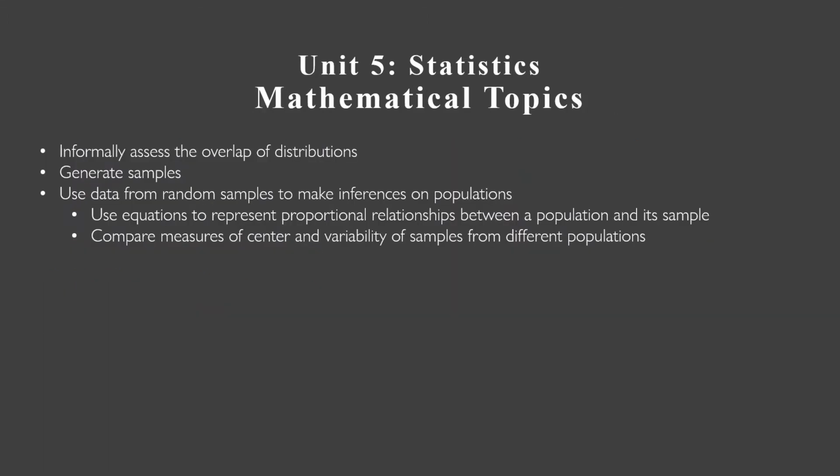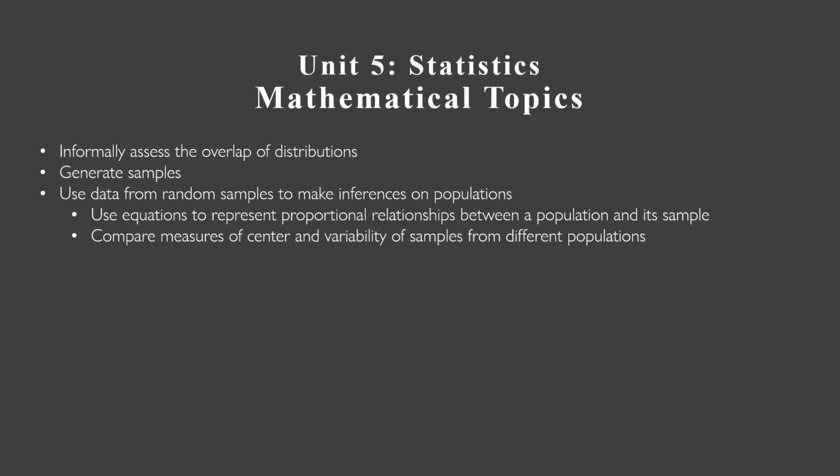Unlike the statistical standards of grade 6, which primarily focus on depicting the center, the spread, and the shape of statistical data, the 7th grade standards instead focus on comparing statistical data and making inferences from them. So here we will be informally assessing the overlap of different distributions. We'll also be generating random samples to represent populations.